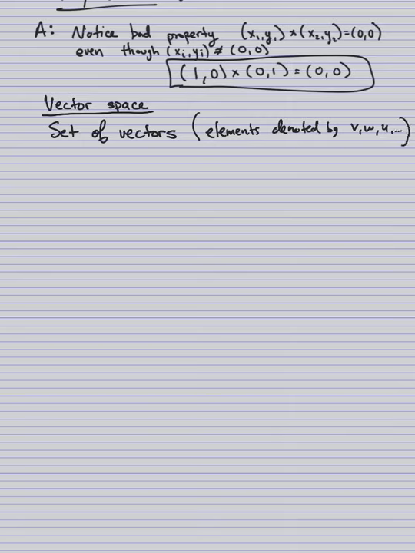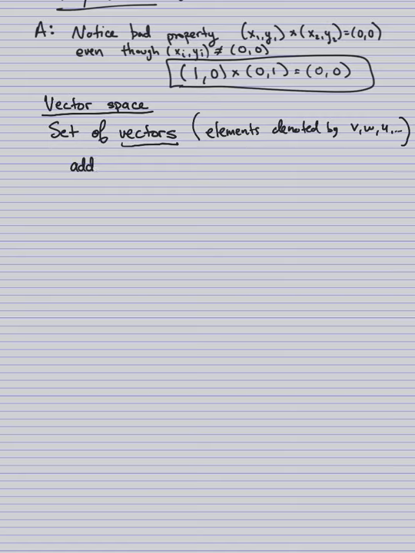There's an addition operation. You should think of a vector here as an ordered pair, or an ordered n-tuple of real numbers or complex numbers. This is what we've seen so far. What we can do is add them.